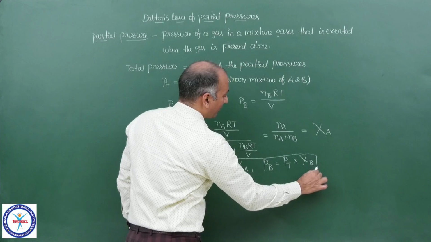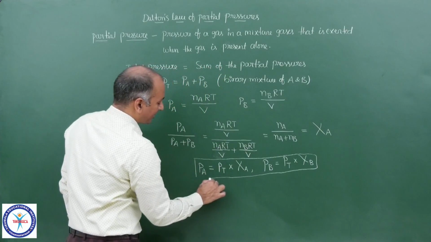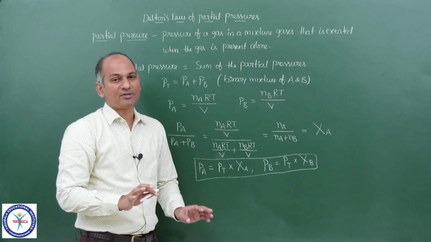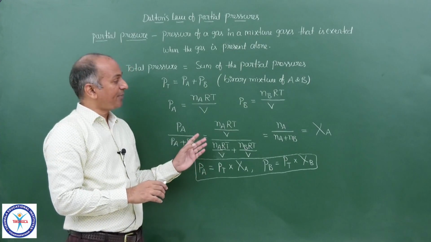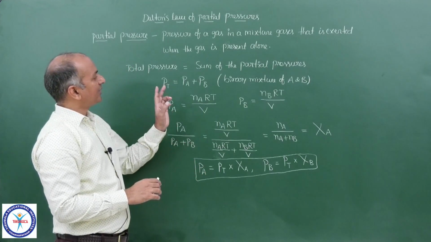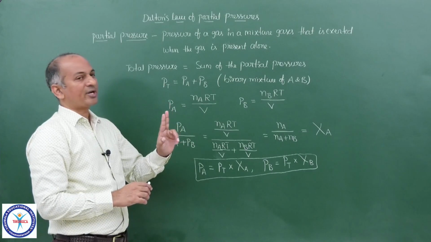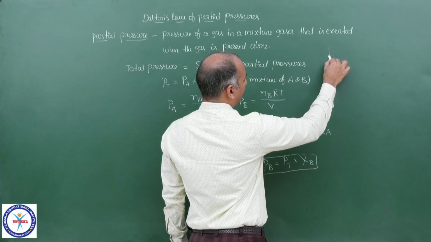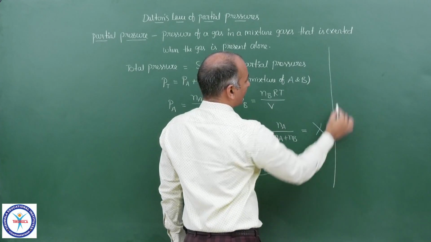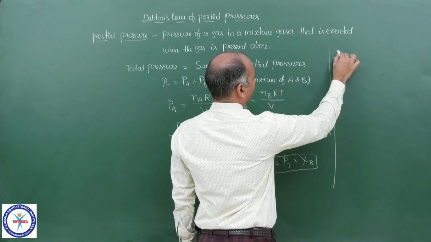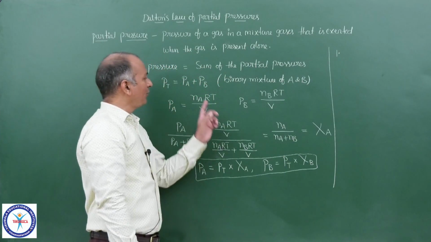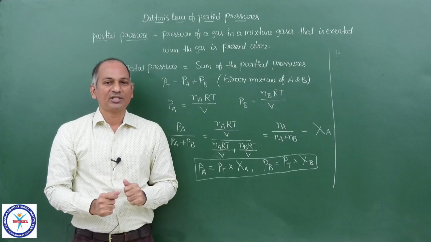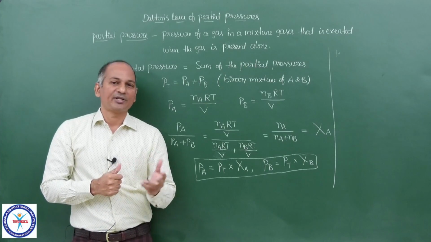The partial pressure of any component is equal to the total pressure into its mole fraction. So this is Dalton's law of partial pressures. Actually here there are two important aspects. Let me discuss those two important aspects. The first one is, all of you look at this particular relation: total pressure is equal to the sum of the partial pressures.